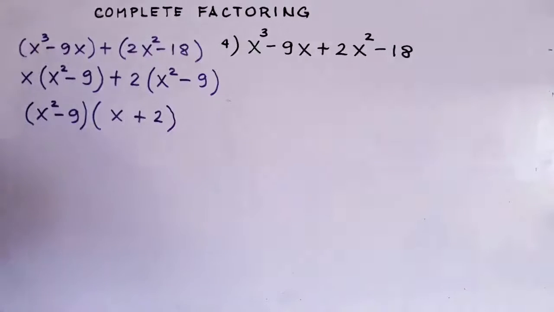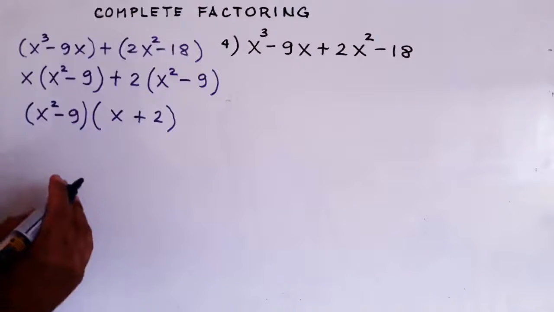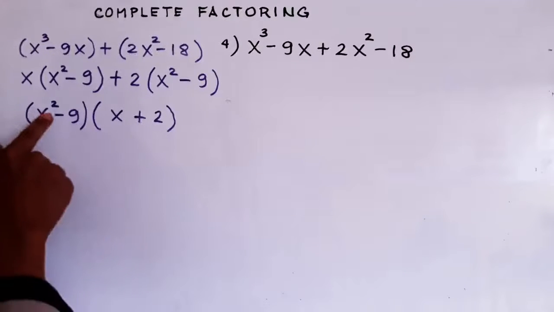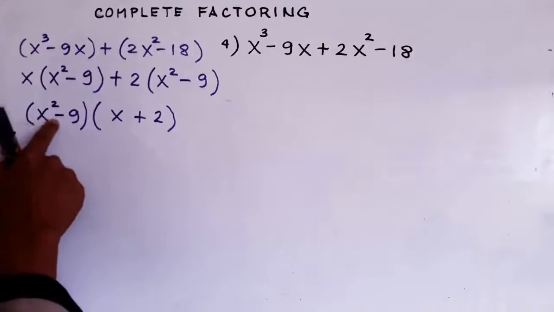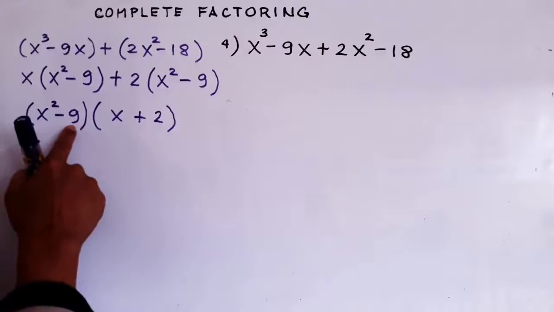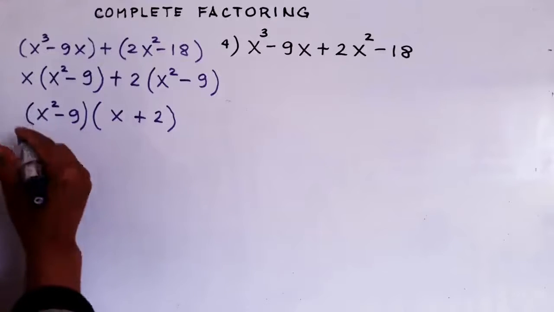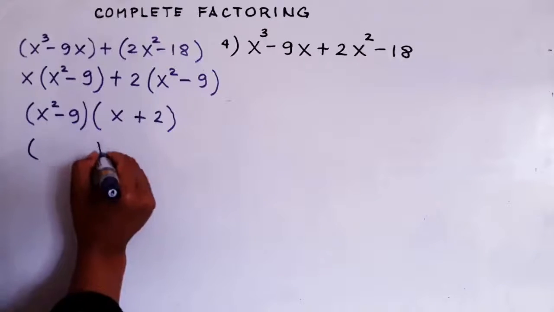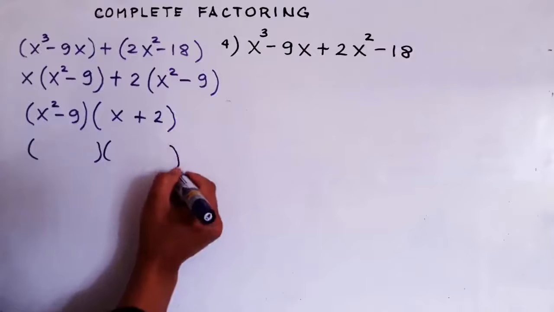Okay. Now, can we still factor this one? Yes, this one, because this one is a difference of perfect squares. This one is a perfect square. This one, 9, is also a perfect square. So we need to factor this one. What about this one?